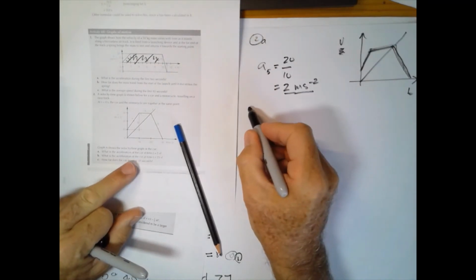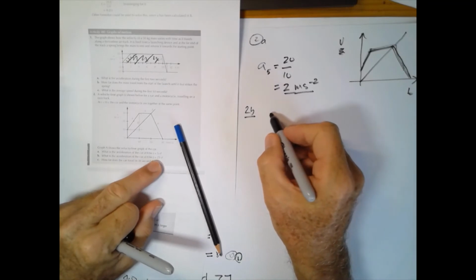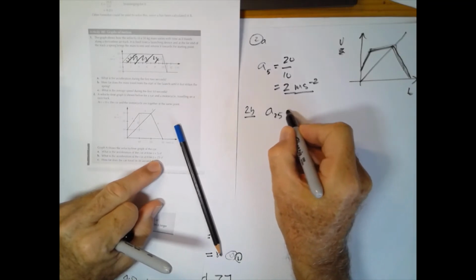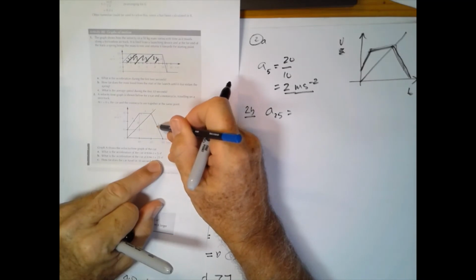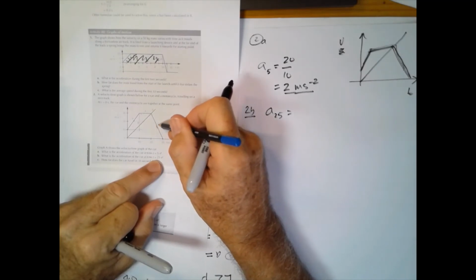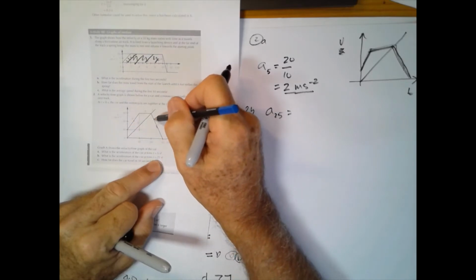2b. What is the acceleration of the car at t equals 25 seconds? 25 seconds is this point here. Again, on a velocity time graph, acceleration is the slope.